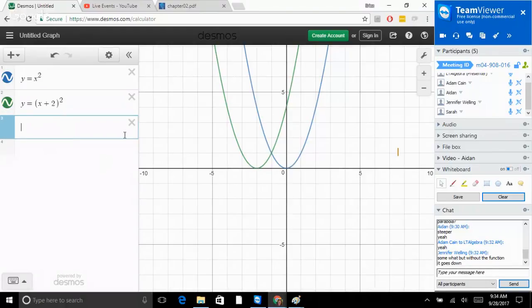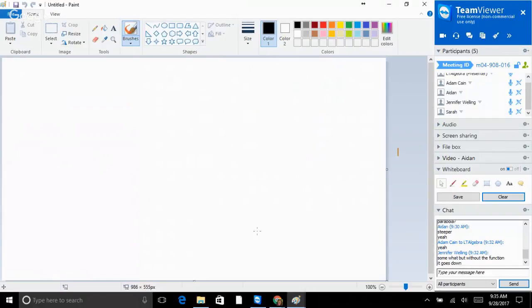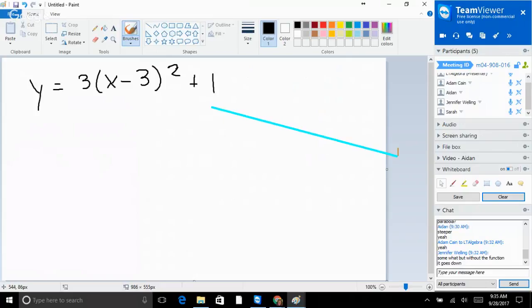All right, so if I gave you a parabolic function, do you think you could graph it without putting it in your graphing calculator? That's the question to ask yourself. I'm not going to give you a quiz now, but if I gave you, let's see here, y equals 3 times (x minus 3) squared plus 1.